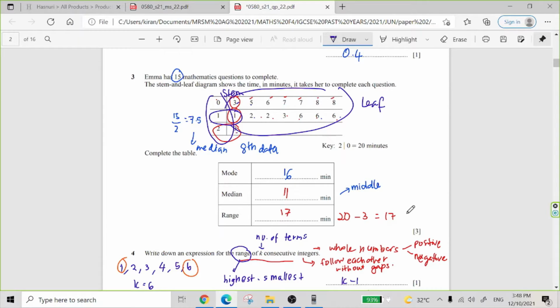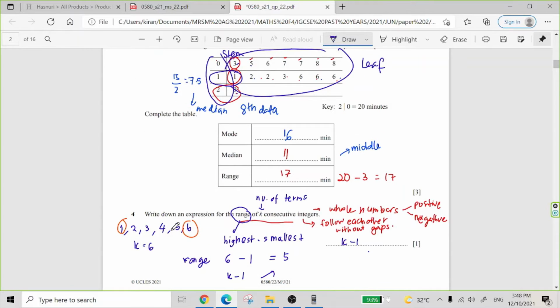Next question, question number 4. Write down an expression for the range of k consecutive integers. What does it mean here? What are consecutive integers? Consecutive integers are a set which, when arranged in ascending or descending order, have a common difference of 1 between any two consecutive integers.